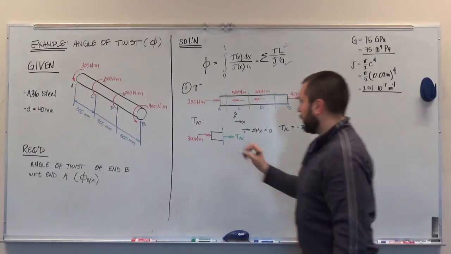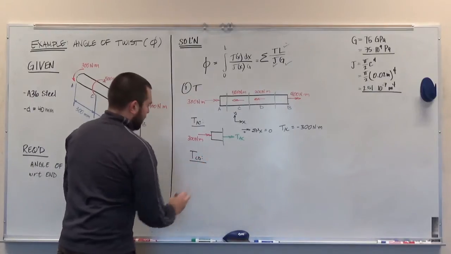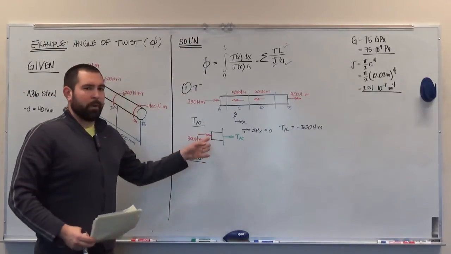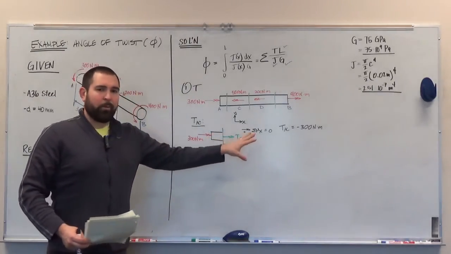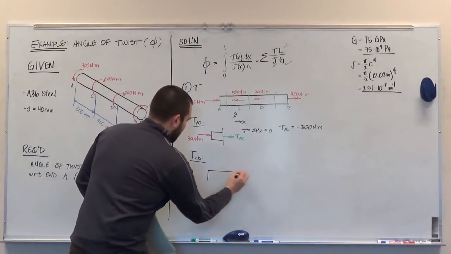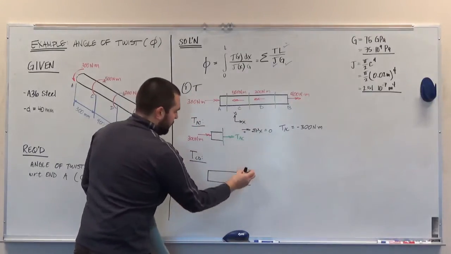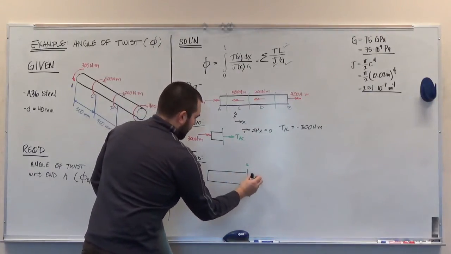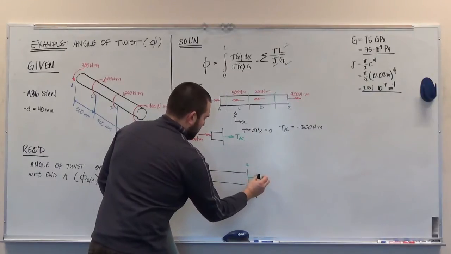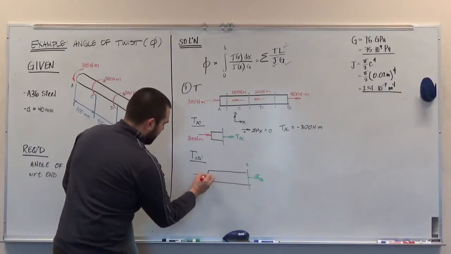And again, you can write the equilibrium equation out, but fundamentally it's really just these two terms in it. Pretty straightforward. The torque between C and D, it's the same idea. What I'm going to draw for you is the free body diagram. I'm not going to bother writing the equilibrium equation, but you can do it for your own practice if you'd like. My free body diagram will be a little bit longer. My section cut now is between C and D. My internal torque is drawn away from the section cut, and now I have two externally applied torques.